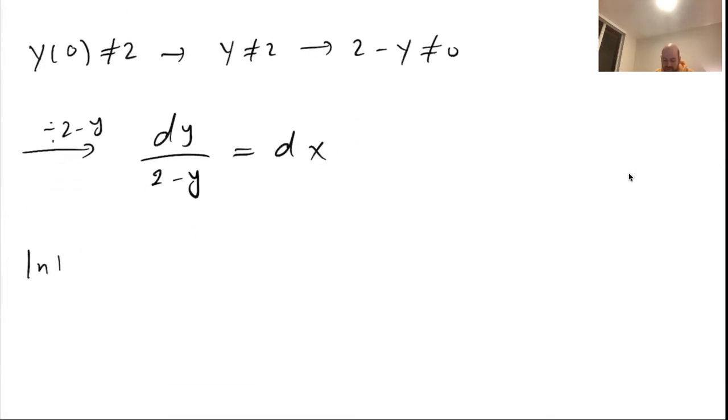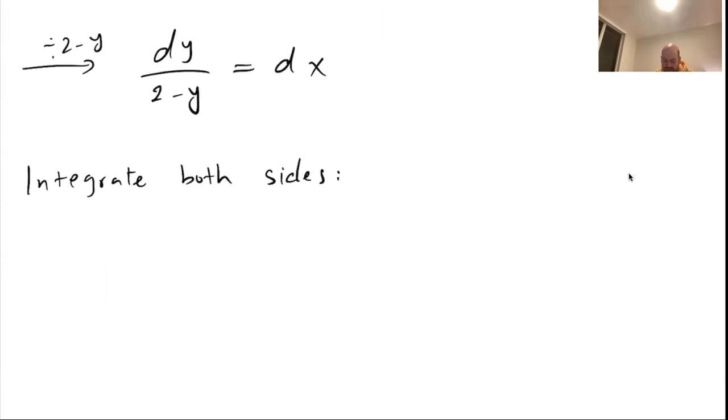Now integrate both sides. Integrate both sides, then we get integral dy over 2 minus y equals integral dx.